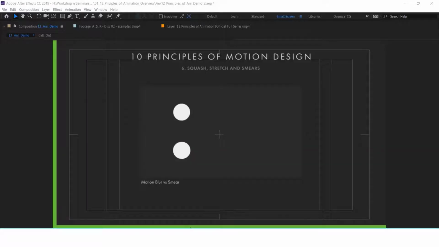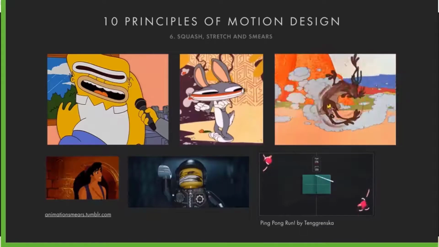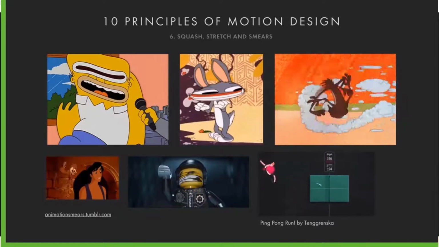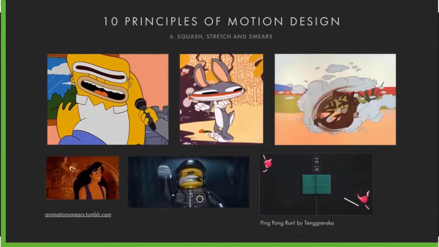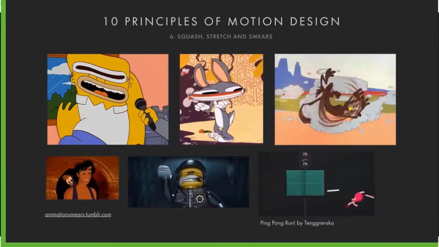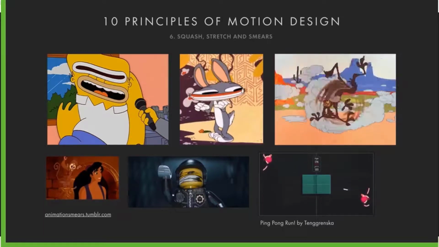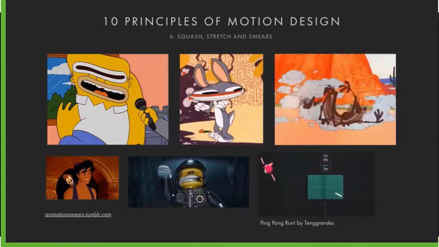In this whole idea of representing squash, an object is interacting with its environment, and it is also showing us how much velocity, how much speed it has at a point in time. Now, animators over time have also devised a technique called smear and blur that animators use to give that sense of, oh, this object is in speed, is in motion, right?